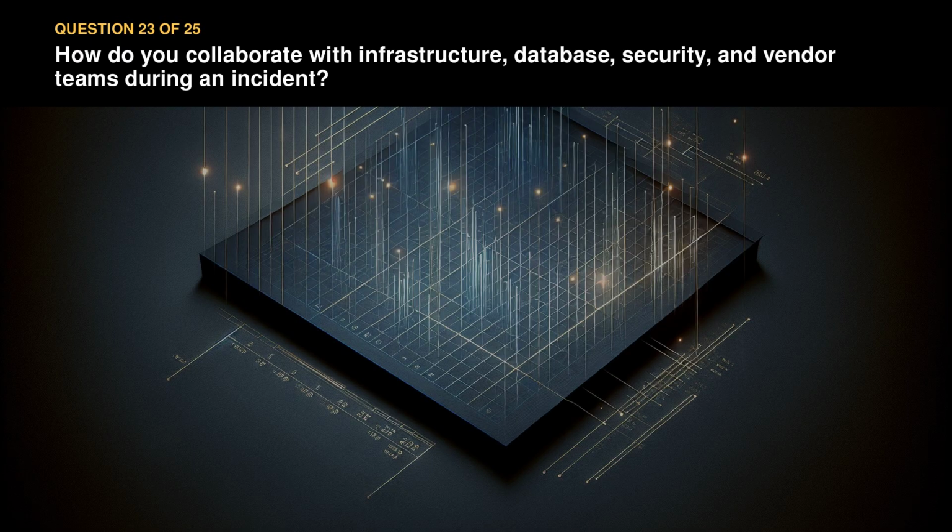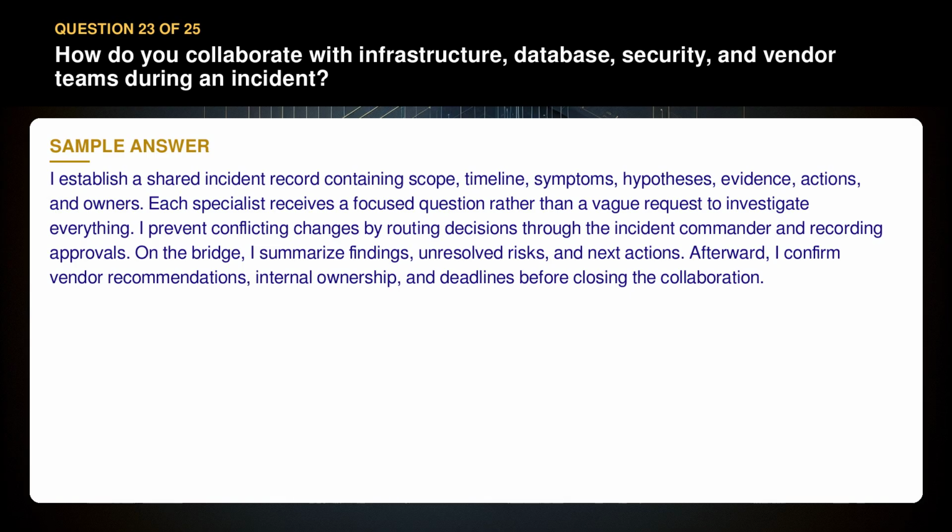Question 23. How do you collaborate with infrastructure, database, security, and vendor teams during an incident? I establish a shared incident record containing scope, timeline, symptoms, hypotheses, evidence, actions, and owners. Each specialist receives a focused question rather than a vague request to investigate everything. I prevent conflicting changes by routing decisions through the incident commander and recording approvals.